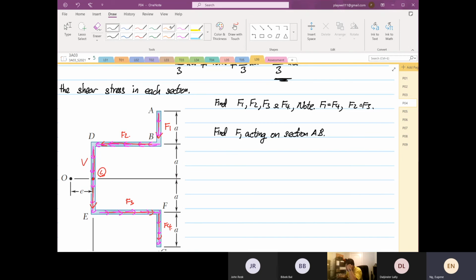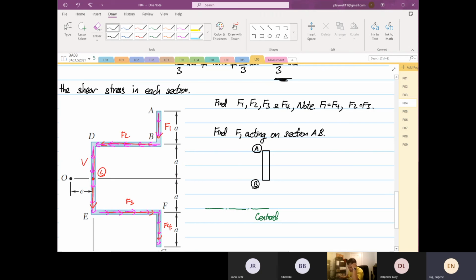If this is our centroid, sorry, wrong color, let me change the color. I do apologize. Over here, this is your point A and point B.